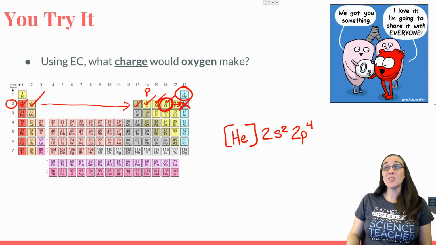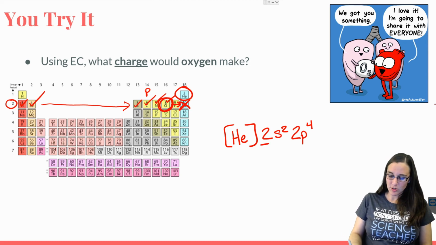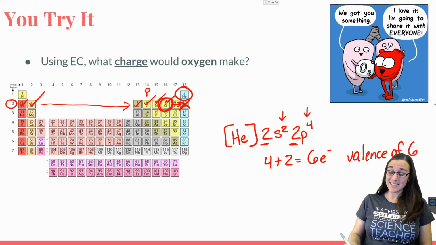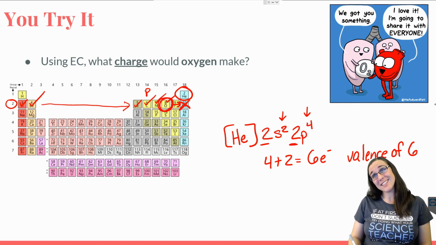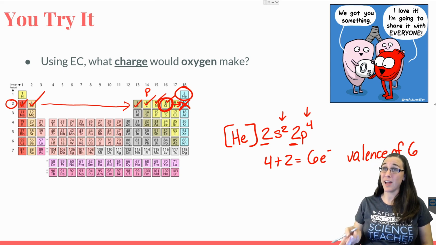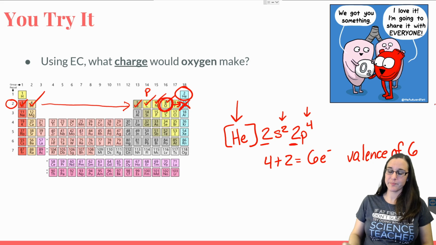Excellent. So my highest energy level is 2, which means I have 4 plus 2 electrons for a total of 6 electrons in the outermost shell, or a valence of 6 for oxygen. And 6 is either 2 away from 8, or subtract 6 to get back to 0 to have the shell before it have a noble gas standard, like helium.